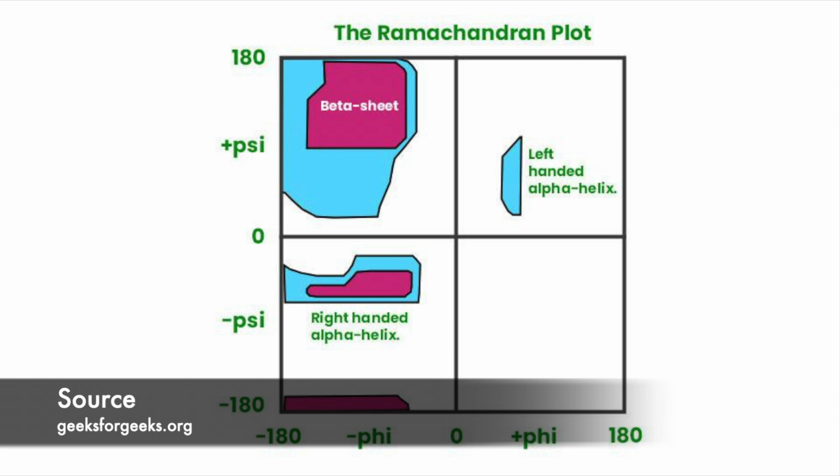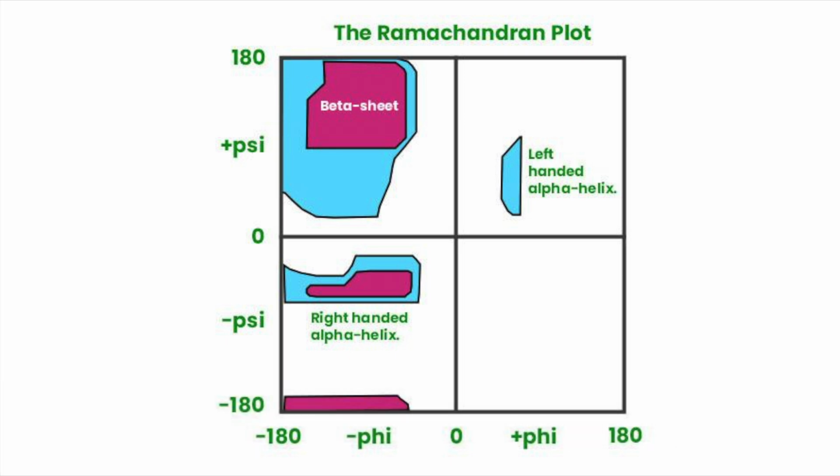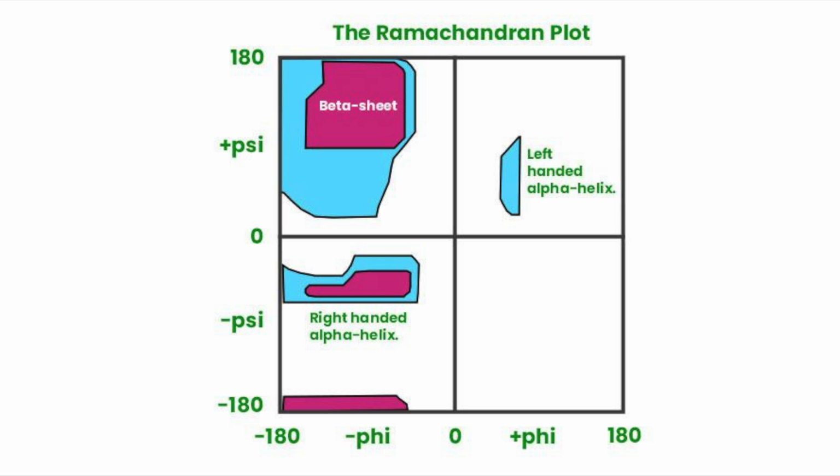And looking at this Ramachandran plot, these secondary structures have very specific bond angles that are needed for them to work. They require those bond angles to be positioned in a certain way so that those secondary structures can be stable.